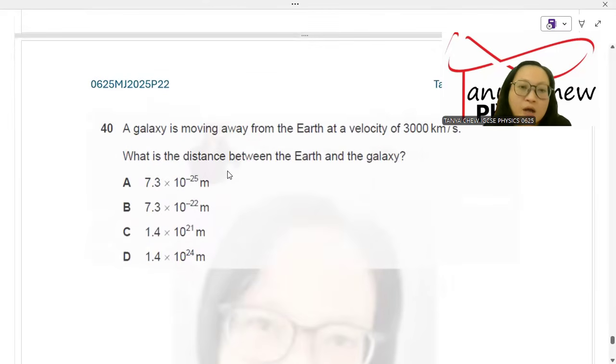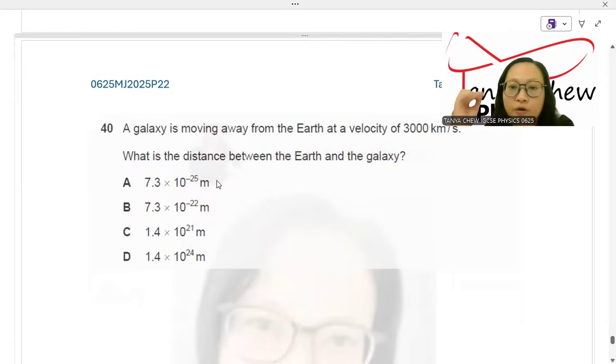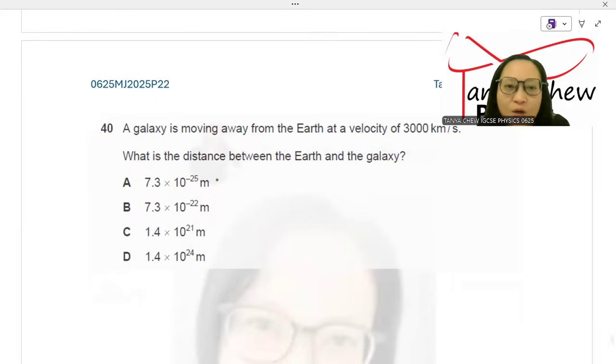Number 40, a galaxy is moving away from the Earth at the velocity of 3,000 kilometers per second. What is the distance between the Earth and the galaxy? This is related to the speed of the galaxy, which is directly proportional to the distance between the galaxy and the Earth. So speed is equal to Hubble constant times d, where d is the distance that I have to calculate.